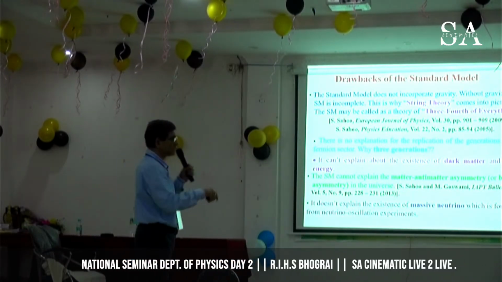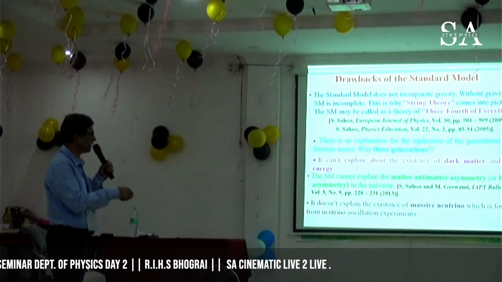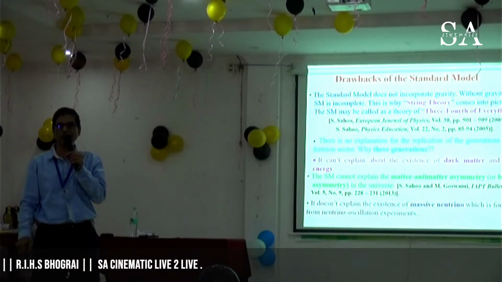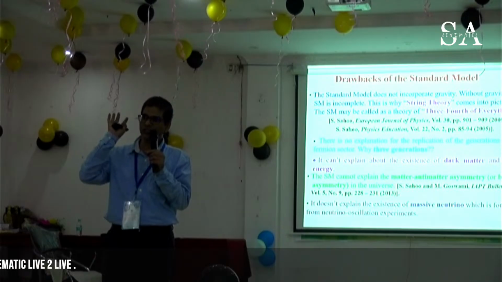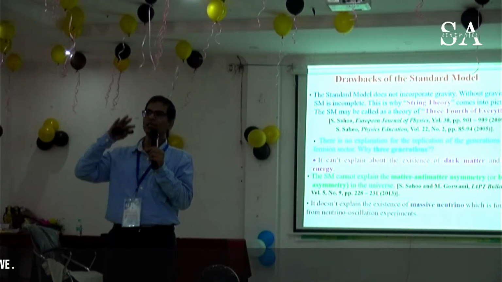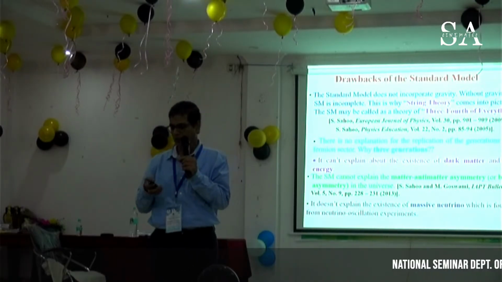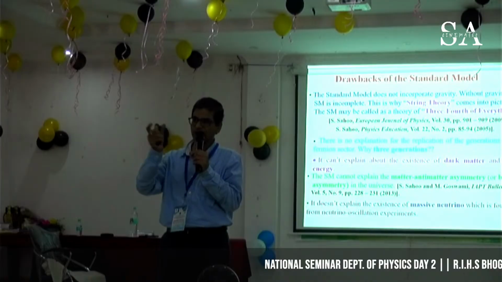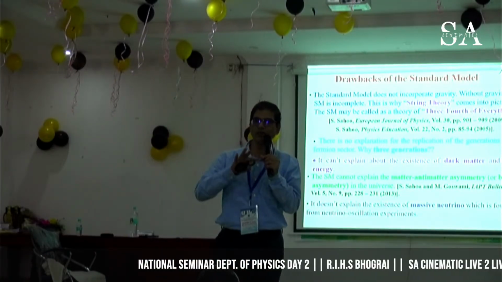Then there are three generations, first, second, third. Why not more than 3 or less than 3? It also cannot explain the existence of dark matter and dark energy in the universe. What we are able to see by our naked eye, using accelerators, detectors, whatever instruments we have, we are able to see only 5% of the universe. 95% of the universe we are not able to see.